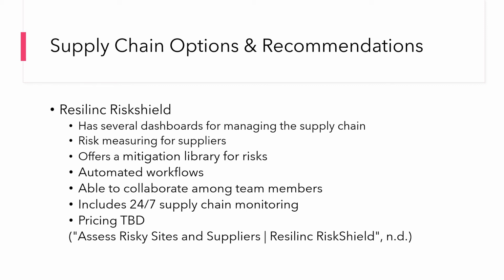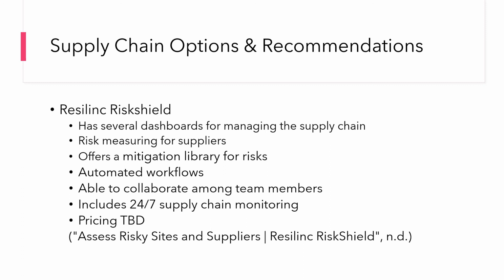Resilink's Risk Shield seems to be a popular choice of supply chain risk management software. It uses several dashboards to manage all aspects of the supply chain. Each supplier identified has their risk measured by the software, which can be mitigated through the help of the mitigation library provided.